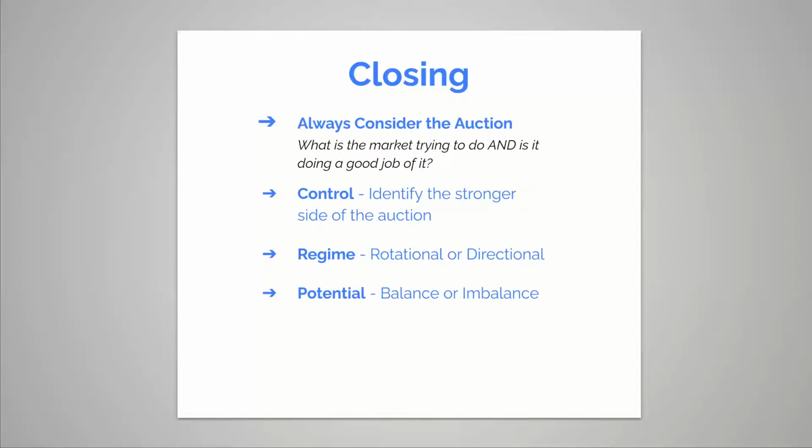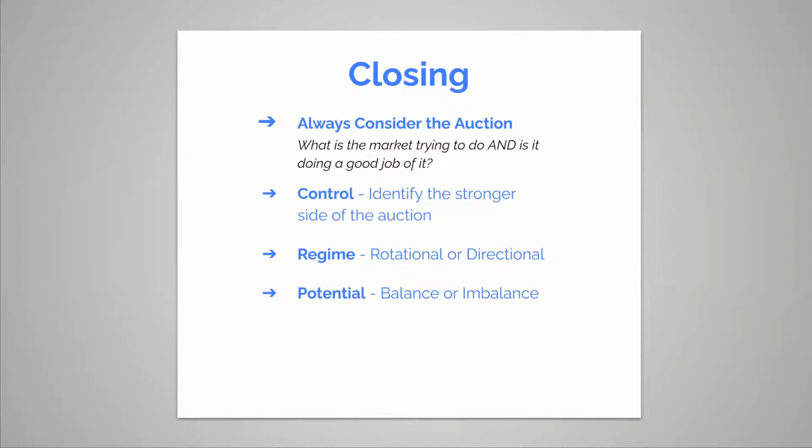So hopefully that gives you a good idea of how I utilize these profile charts. And I'm not hiding anything. That's exactly how I look at them. I don't like to use the word holistic, but I'm really trying to read the auction. This is the question I ask myself multiple times a day. What is the market trying to do? And is it doing a good job of it?